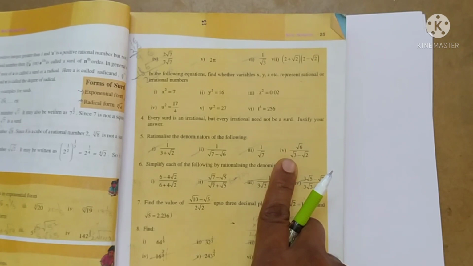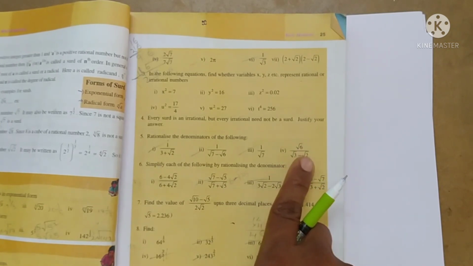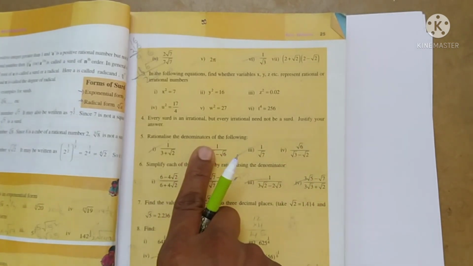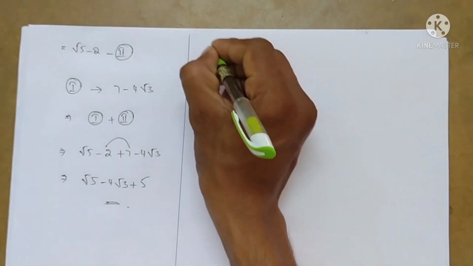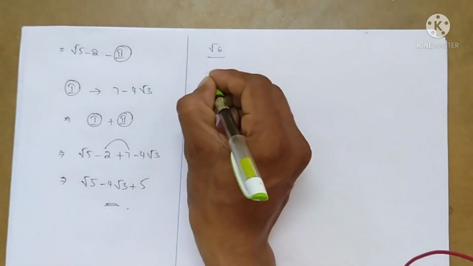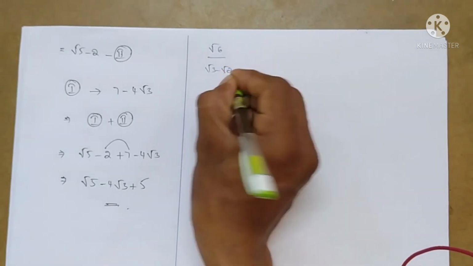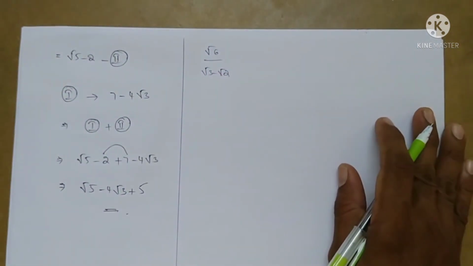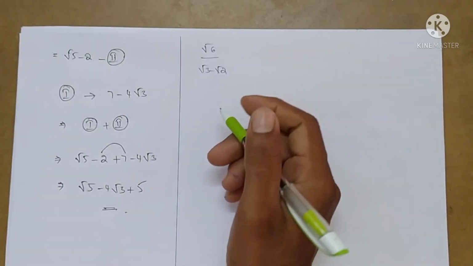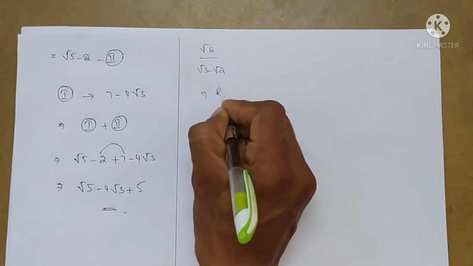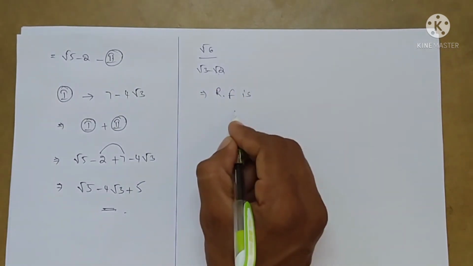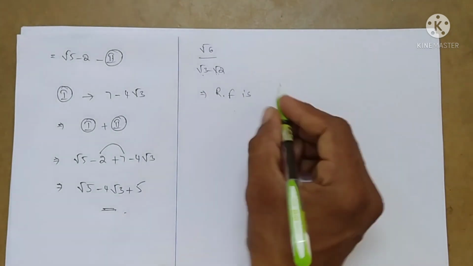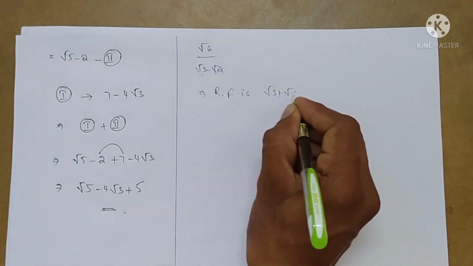Next one, fourth one: root 6 by root 3 minus root 2. Rationalize the denominator. So here the rationalizing factor is root 3 plus root 2.